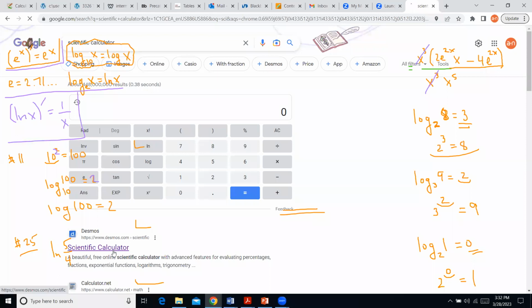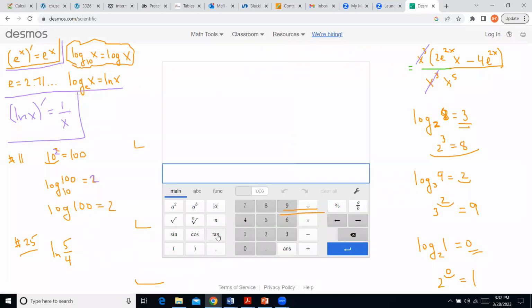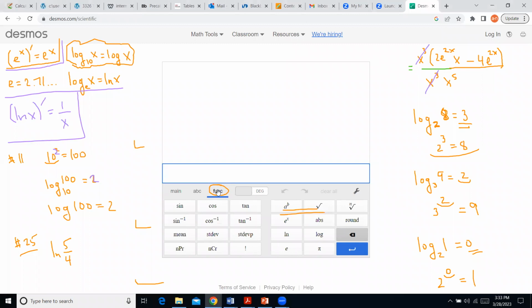So I put in ln. You might ask, how do you put ln? I don't see it here. Well, you need to go to the functions. You need to click on that menu and you will see the choice, which is called ln, or sometimes it will say natural logarithm.